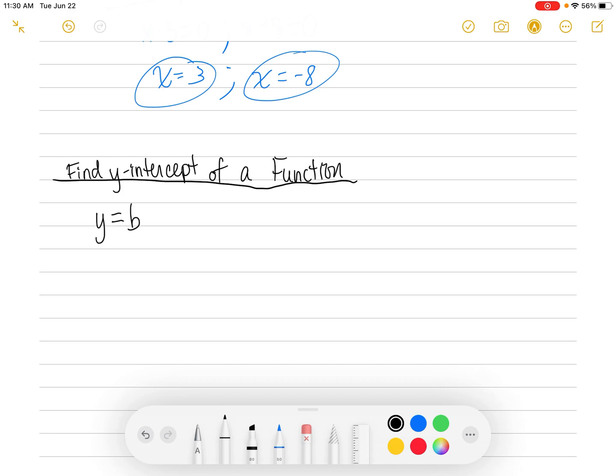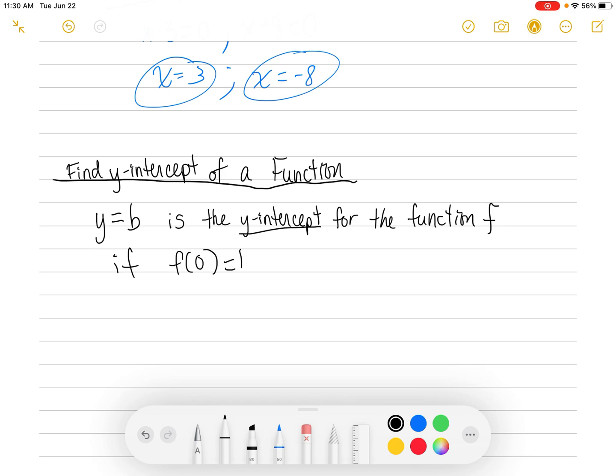So we'll say y equals b is the y-intercept for the function f if f of 0 equals b.